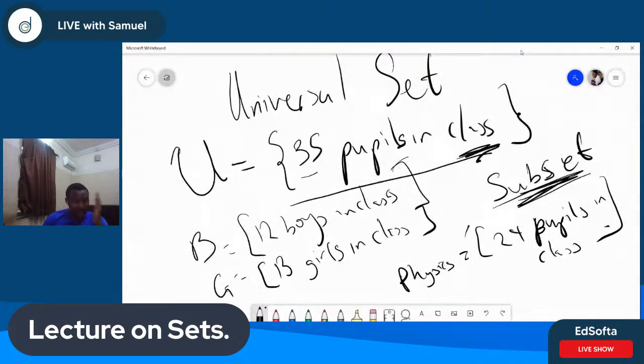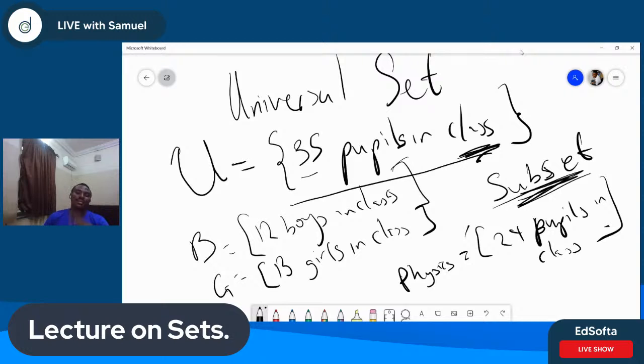So in a discussion, the set that contains all the elements in that discussion is the universal set. Inside that universal set, you can piece out smaller sets: the boys set, the girls set, the physics set, the people offering chemistry, geography, government.